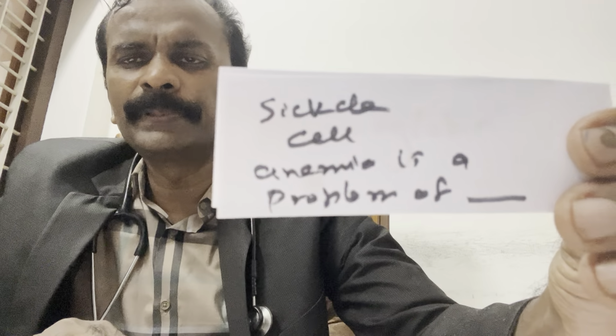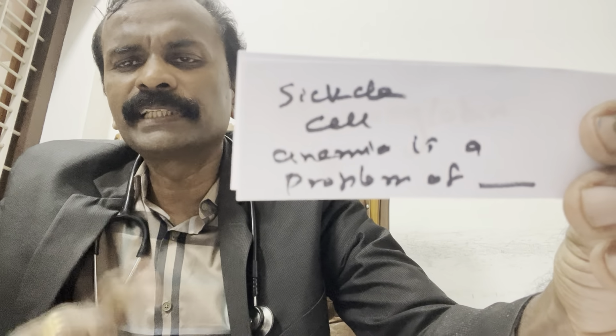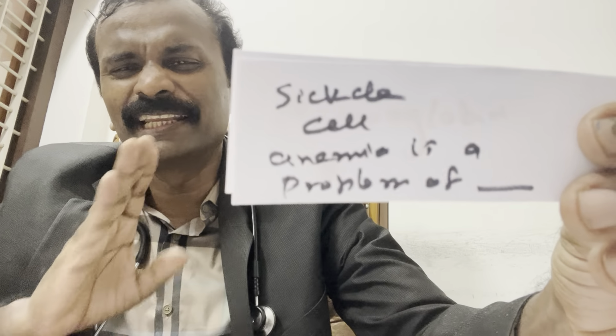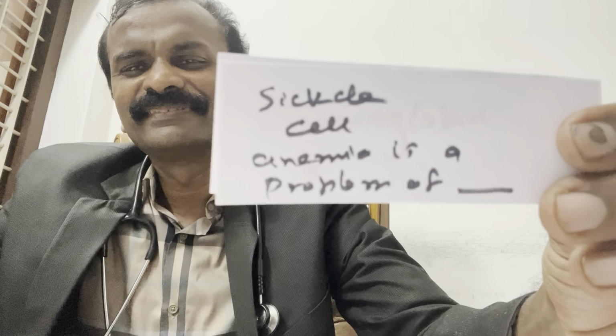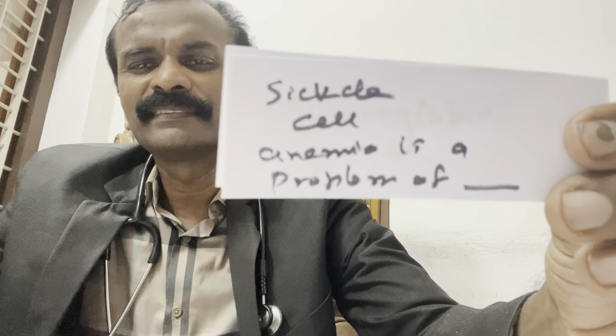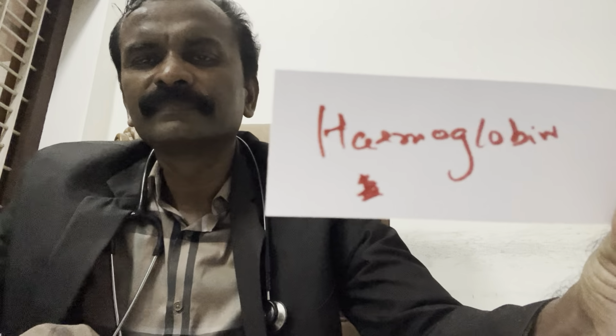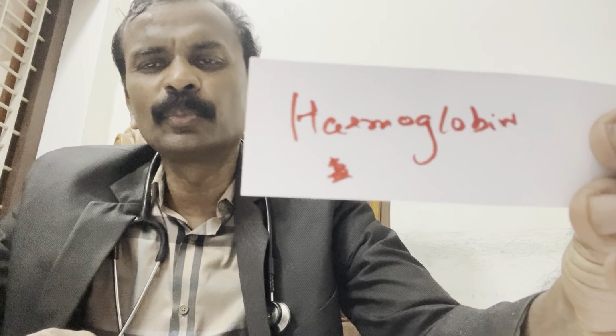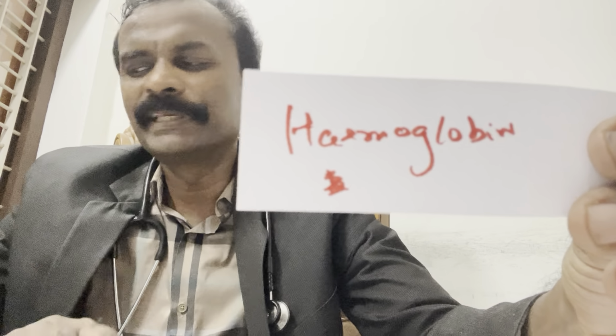In sickle cell anemia, the problem is in dash. These are brilliant MCQs. The problem is in hemoglobin, the beta chain of hemoglobin.